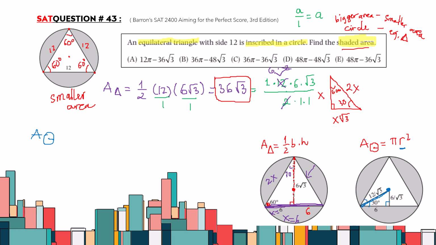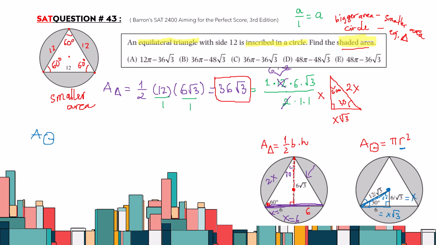So just look at the small right triangle. You will have this one still 6, but it's on the 60 degree side, so we will have 6 equals x square root of 3. So x in this case is this one, right?